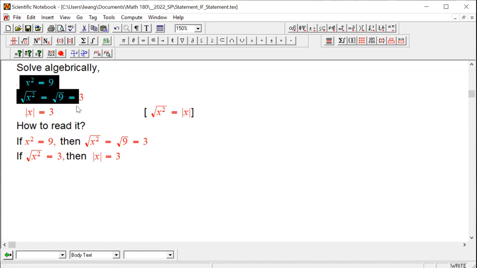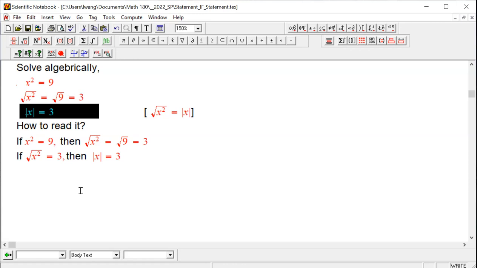So this paragraph should be read as if-then, if-then, if-then. Do you follow me? All the if statements should be read if-then, if-then. Why do we insist on reading it this way? Because they are logically connected. There should be no gap in between. It guides our thinking process.